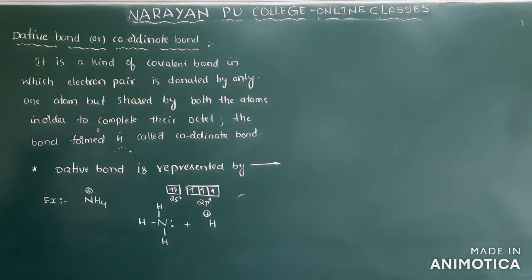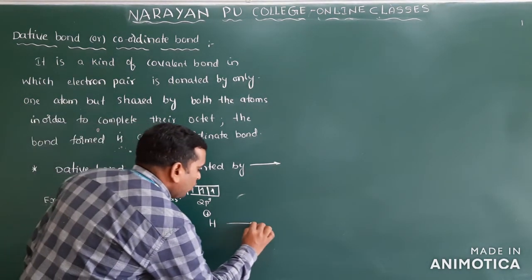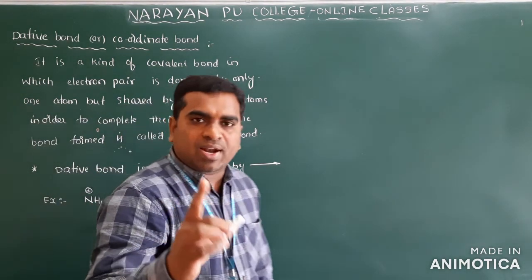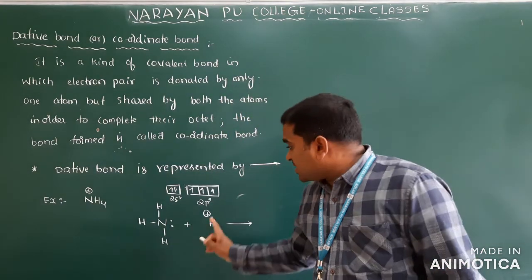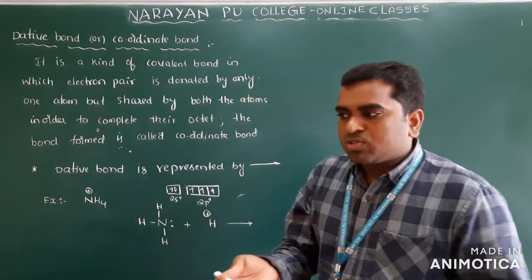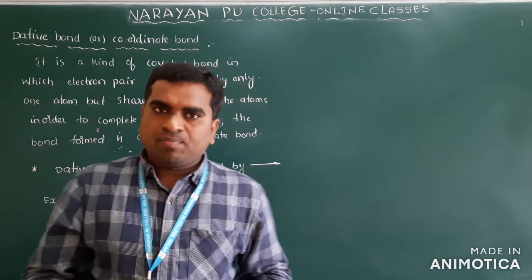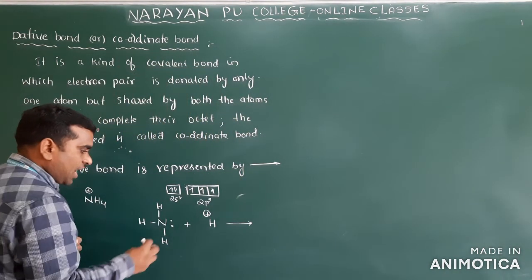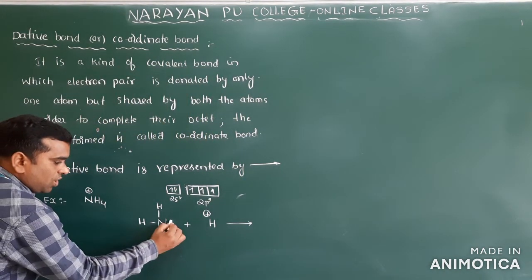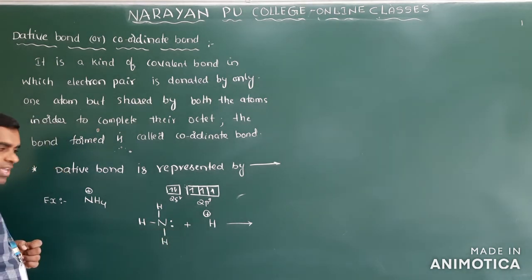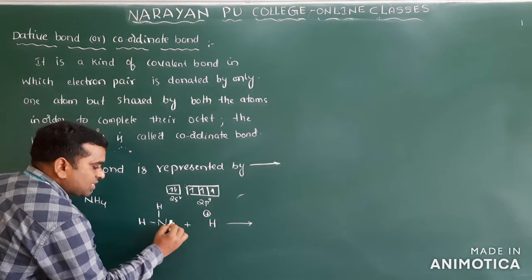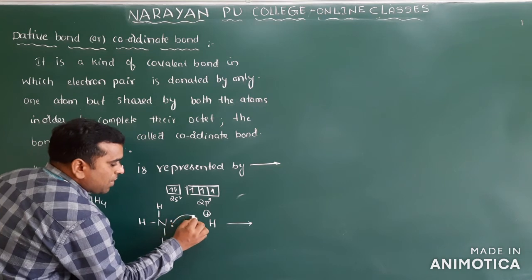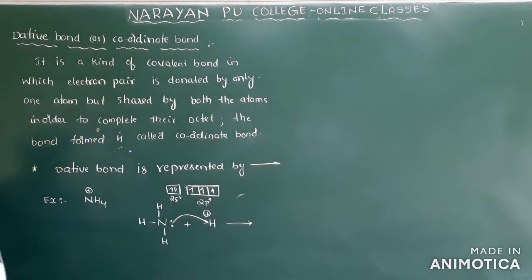Hydrogen has a single electron, but H plus means that electron is lost, so it does not have any electrons. Nitrogen is electron rich because it has a pair of electrons, and since H plus does not have any electrons, nitrogen donates its pair of electrons to hydrogen.